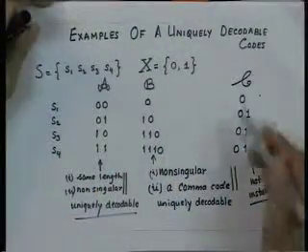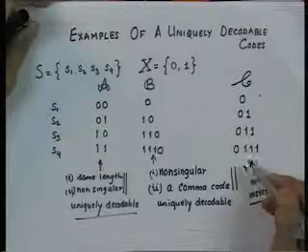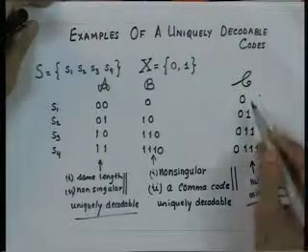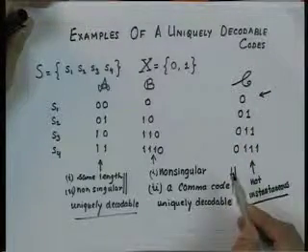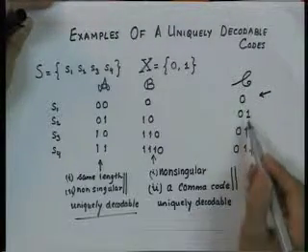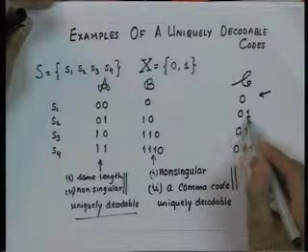Now, if you take the example which we had considered, you will find that the code C does not satisfy the prefix condition, because the code word corresponding to the symbol S1 forms a prefix to the code word of S2.